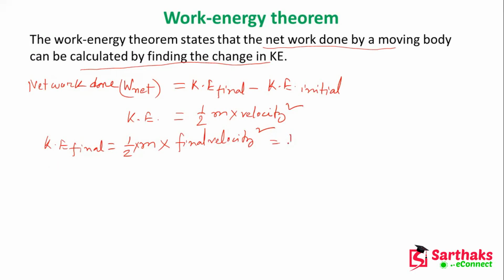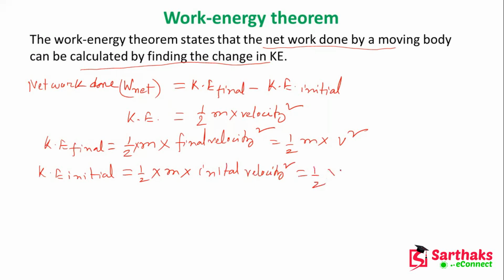Suppose the final velocity is v, so half m v square. And K initial equals half into m into initial velocity square.